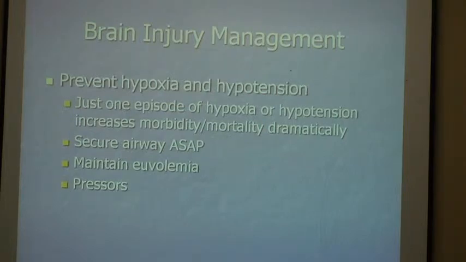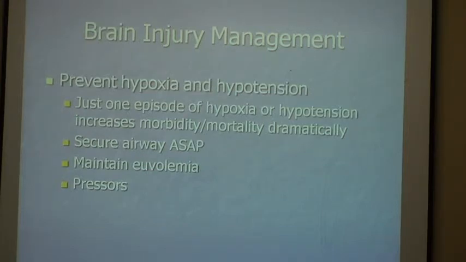Obviously, with multiply injured patients, it becomes infinitely more complicated on somebody who's bleeding out and has a head injury. But we need to intervene much sooner rather than later. The best way to start is to secure their airway and make sure they're adequately oxygenated.